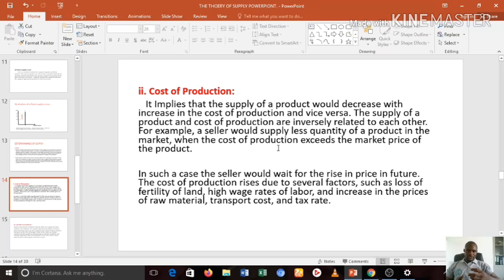when they produce, they realize that their cost of production is high. When we talk about cost of production, what do we mean? We are looking at the various costs, what they accrued, what they have spent in producing that good, the amount of money that they have spent in producing that good.